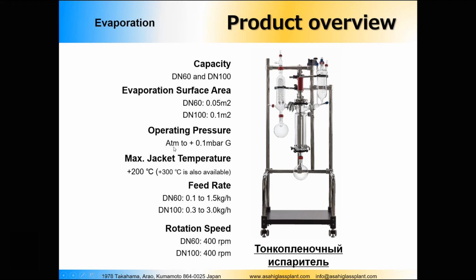Operating pressure is atmospheric pressure down to 0.1 millibars. Max temperature is up to 200, and as an option we can have up to 300. We have the feed rate as shown here on the slide, and the rotation speed up to 400 RPM.